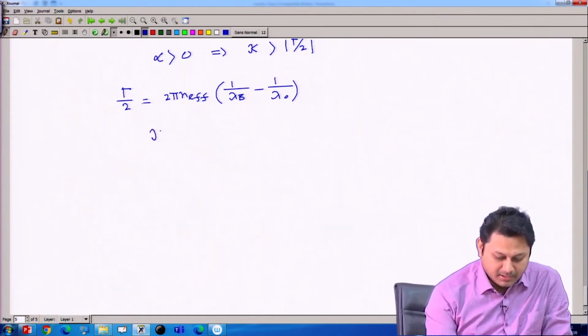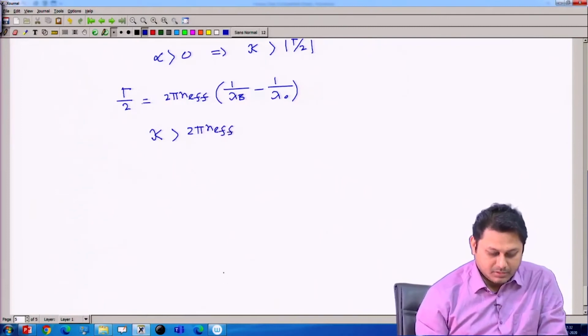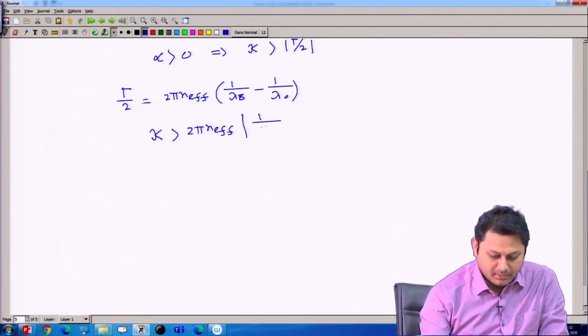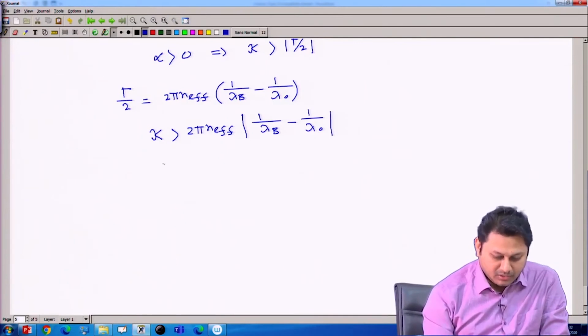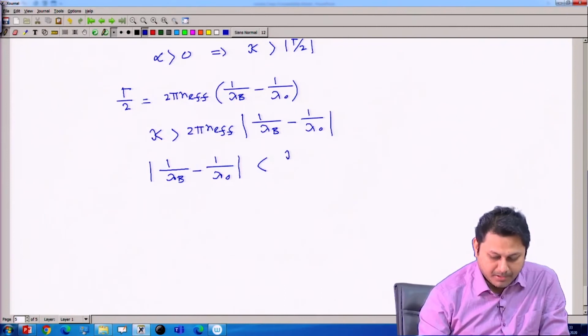So kappa is essentially greater than 2 pi n effective times the mod of 1 by lambda b minus 1 by lambda 0. In other words, mod of 1 divided by lambda b minus 1 divided by lambda 0 has to be less than kappa divided by 2 pi n effective.